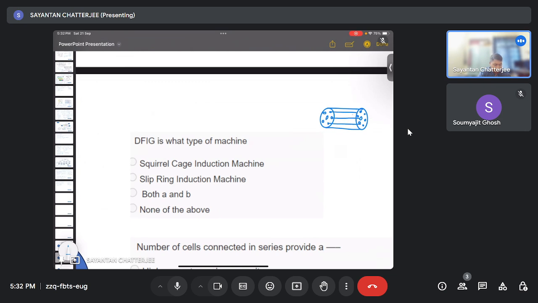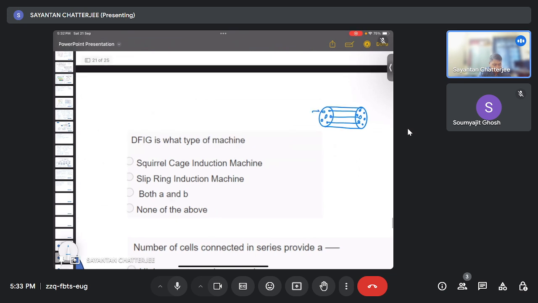All of them are shorted bars. Based on electromagnetic induction, first an EMF is induced, and since the bars are shorted, the current starts flowing, and accordingly a torque is generated, which makes the machine start rotating.